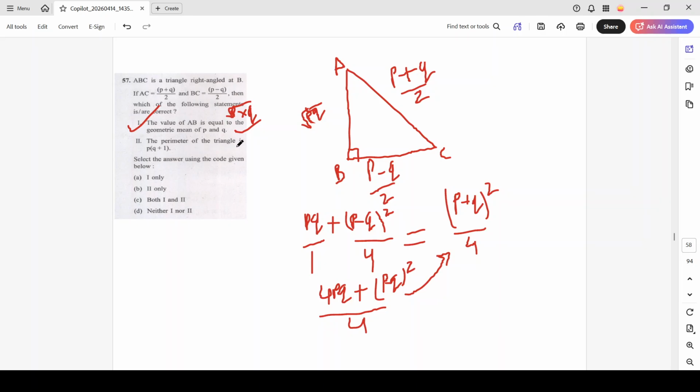Now the perimeter of the triangle is P into bracket Q plus 1. Now our statement 2. Now let's add these.